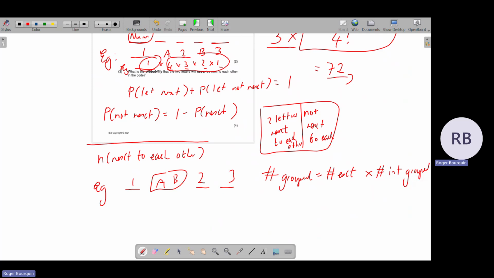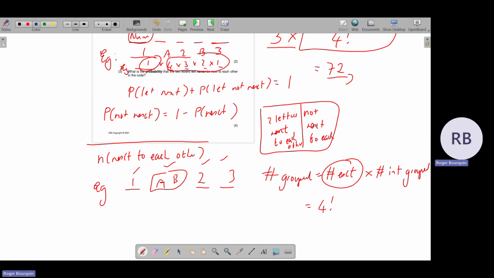So when we talk about external arrangements, we treat A, B as one thing, right? So the number of ways that those 4 things can be shuffled is what? I've got 1, 2, 3, 4 things, right? The number of ways you can arrange 4 things is 4 times 3 times 2 times 1. So the number of external arrangements is 4 factorial, right?